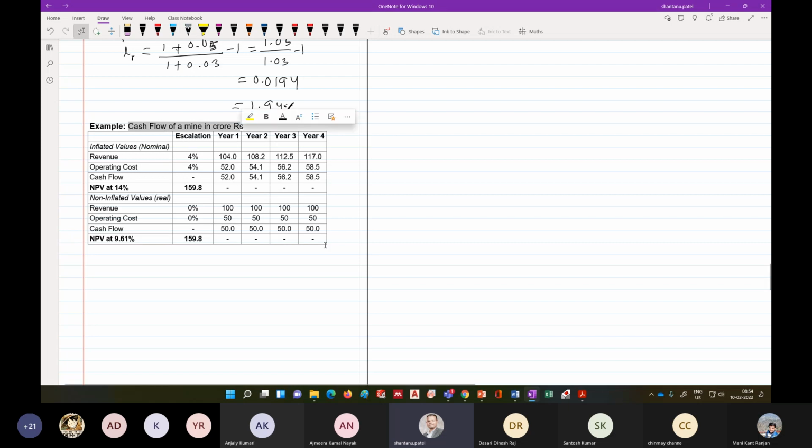So the cash flow that is occurring: first, how much revenue you are getting by selling your product, and what is the operating cost for your mine. If you know this, there are two ways to solve this problem. One is to consider the nominal rate, or the second case, to consider the real rate of interest.